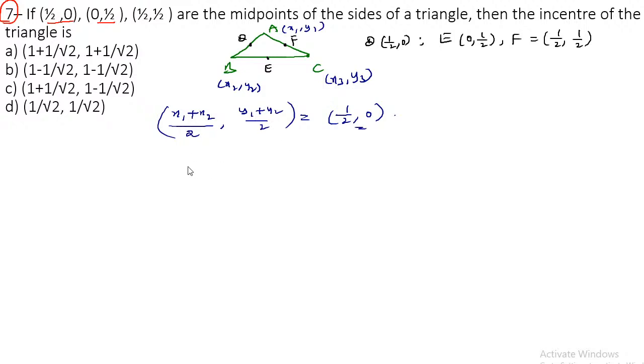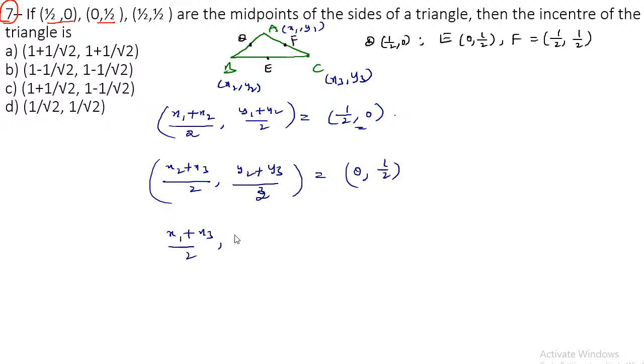Similarly, E is (x2 plus x3) by 2 comma (y2 plus y3) by 2, which is equal to 0 comma 1 by 2. And F is (x1 plus x3) by 2 comma (y1 plus y3) by 2, which is equal to 1 by 2 comma 1 by 2. Now let us equate the coordinates on both sides.